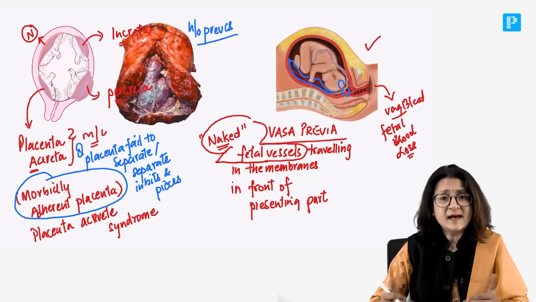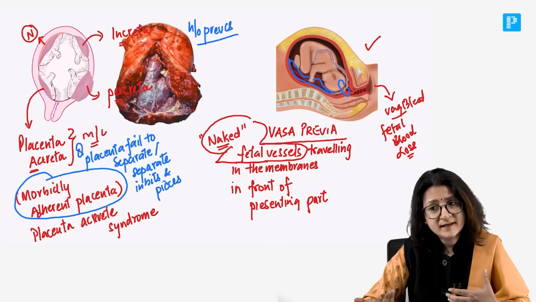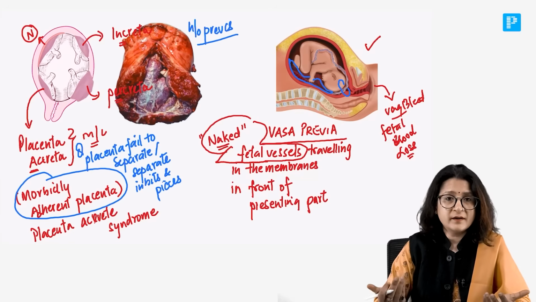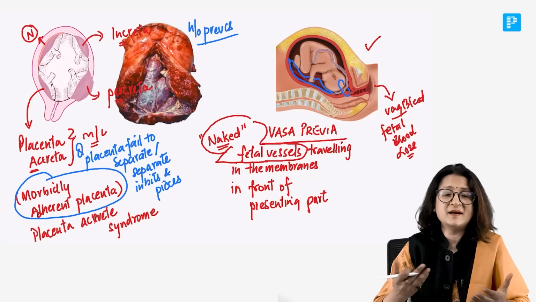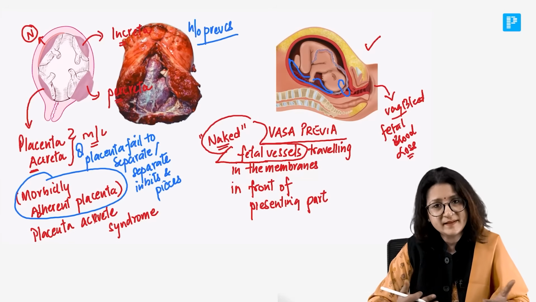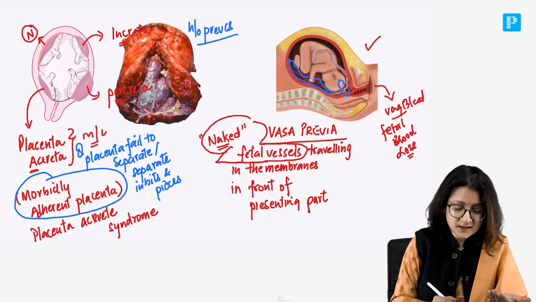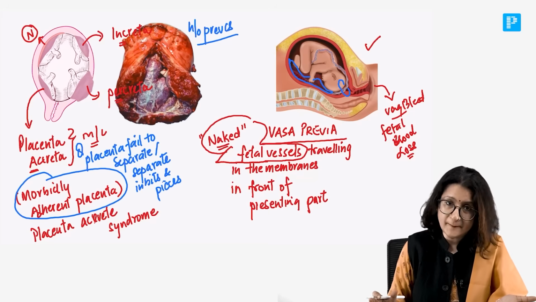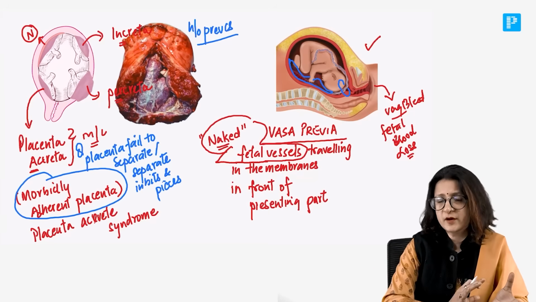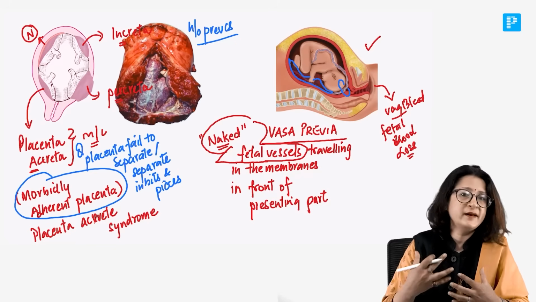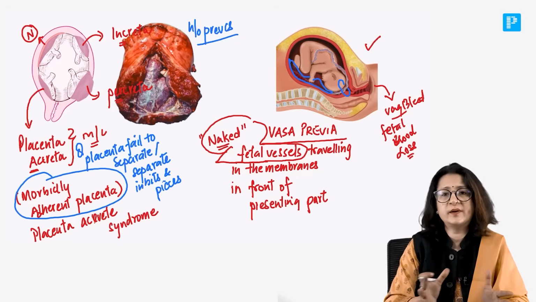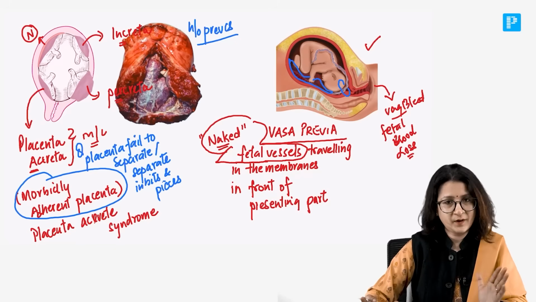Or they may say that cesarean section was being done and placenta is now separating in bits and pieces, and it is leading to extensive bleeding. What is the diagnosis? It is morbidly adherent placenta. So when they are asking questions about morbidly adherent placenta, it could be an image-based question or it could be a scenario-based question.